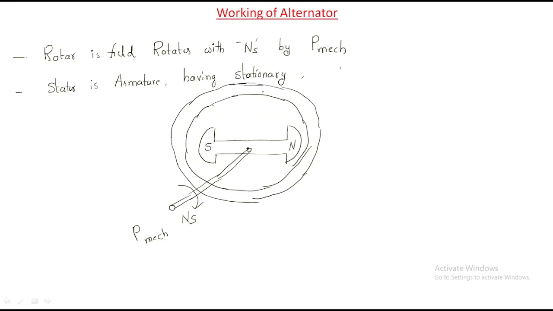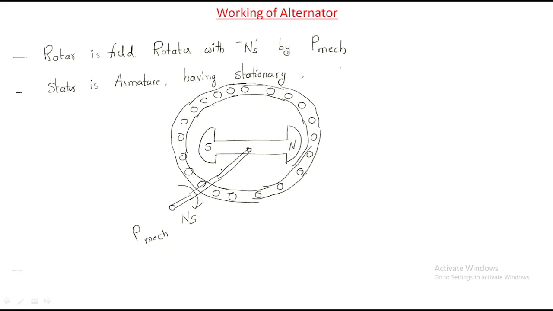The conductors in the top view I represent like this. This is the armature having the more number of conductors.